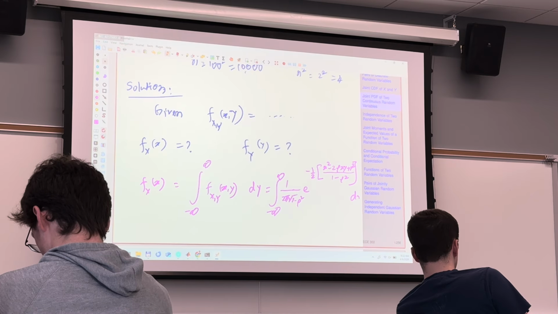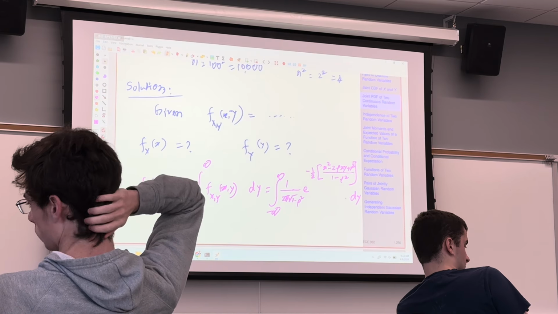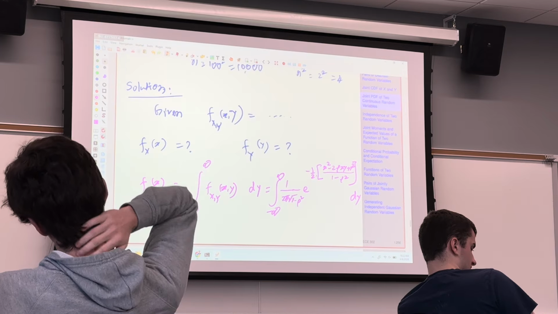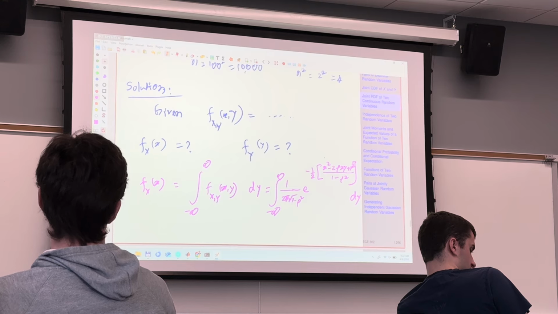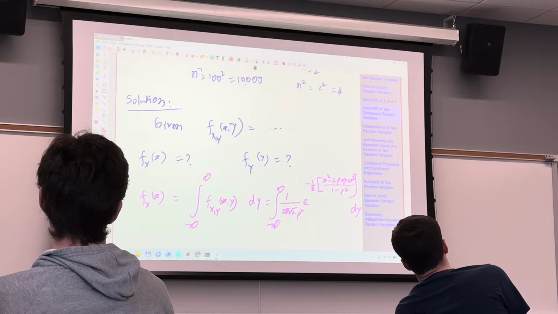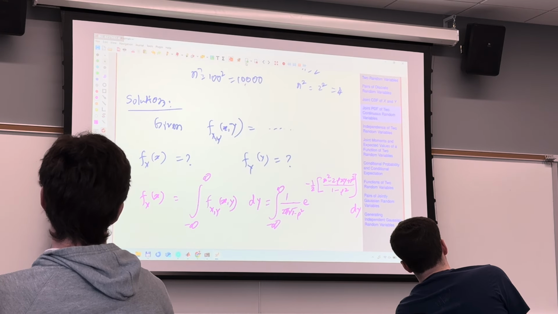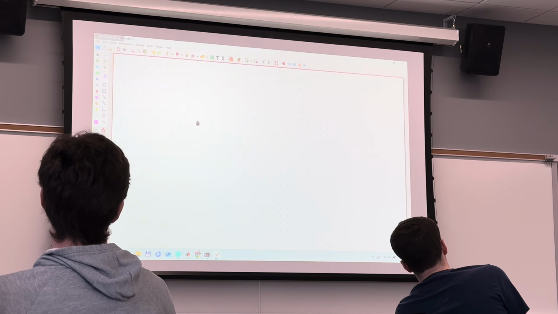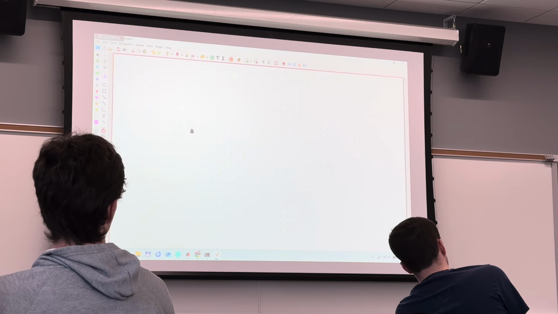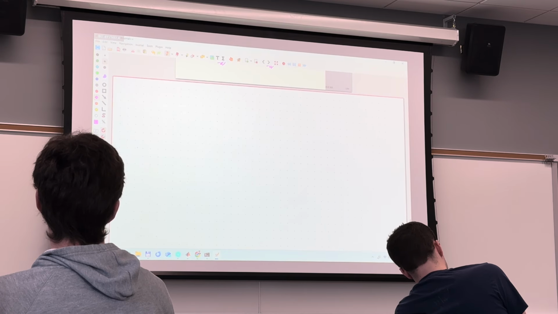Now you integrate out y. If you integrate out y, you will be left with simply a function of x. So you go through the integration. I'm not going to go through the integration. You use the Gaussian integral formula, you go all the way, and eventually you will end up with an expression.